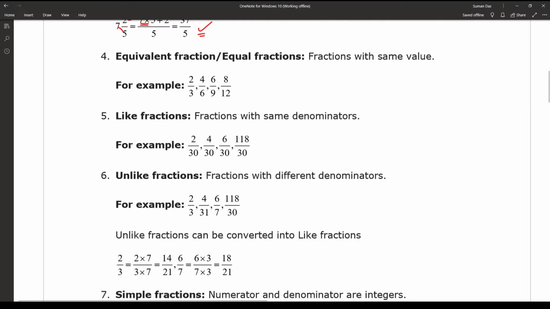The fourth one is known as the equivalent fraction or the equal fractions. Fractions with the same value are known as equivalent fractions. Suppose 2 by 3, 4 by 6, 6 by 9, 8 by 12.